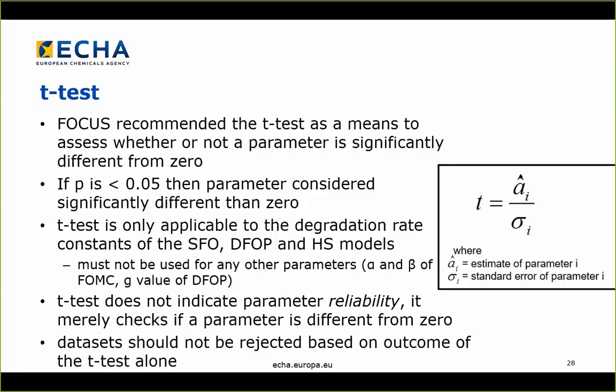So if you reject the soils where the t-test is failed, effectively you're biasing your selection in favour of the soils or the studies where degradation is faster. And you're actually throwing out information from studies or soils where the substance was persistent.